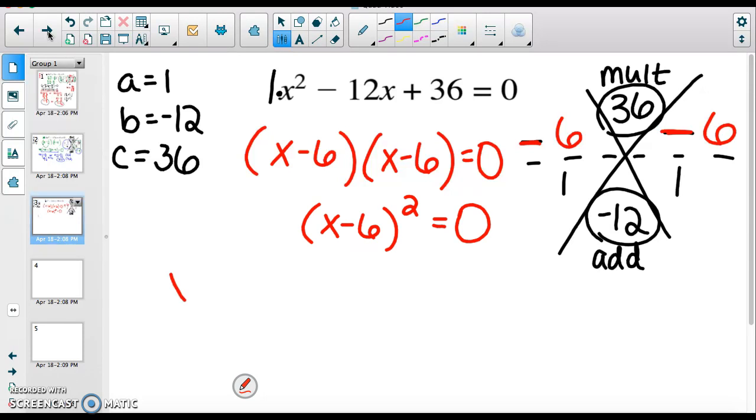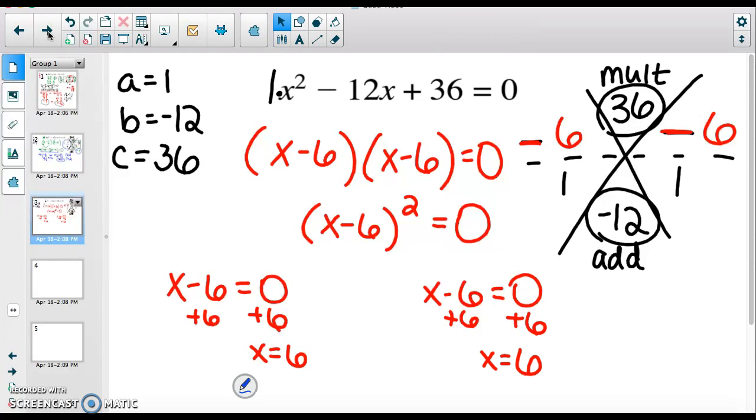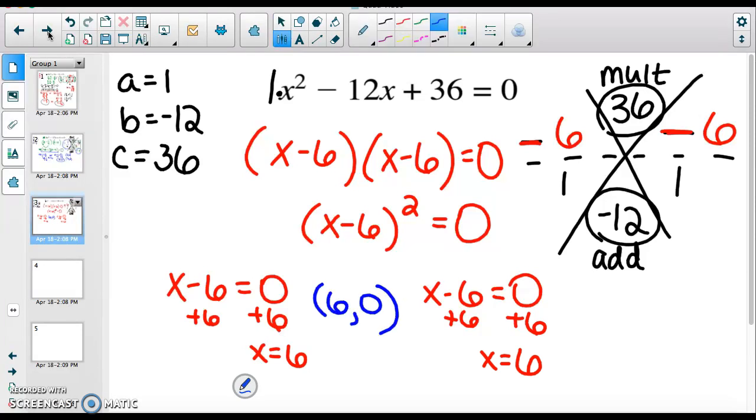But for the purpose of using the zero product property, I will write out the same factor twice, even though it's a little silly. Obviously, you get the same answer for both. So this is an example of a parabola that only has one x-intercept at 6, 0. So there's only one intercept here at 6, 0. We have two of the same, and they're both negative here.